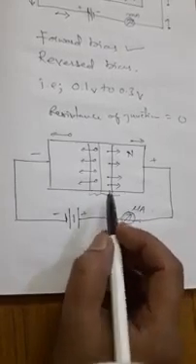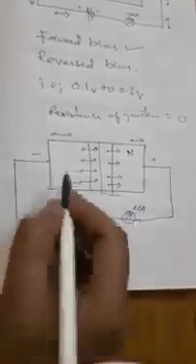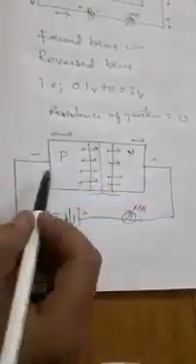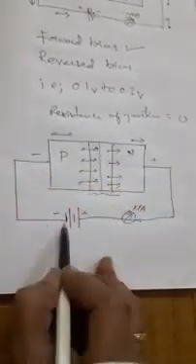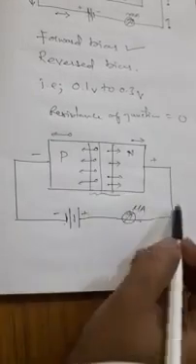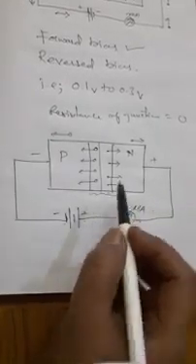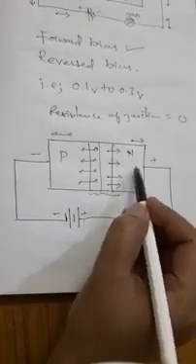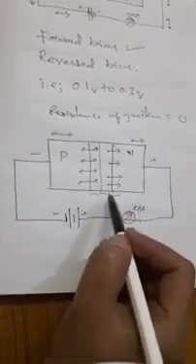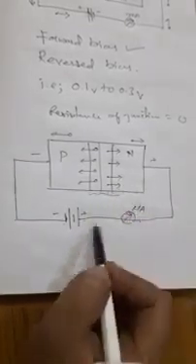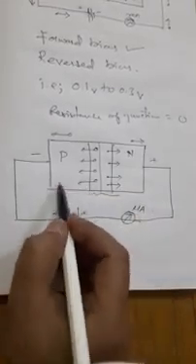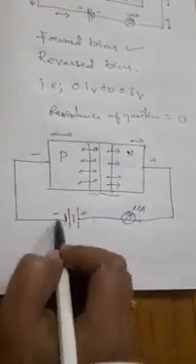To apply the reverse bias here, this is P type. P type is connected to the negative terminal of the battery, and N type is connected to the positive terminal of the battery. So the electrons will be attracted to the positive terminal.